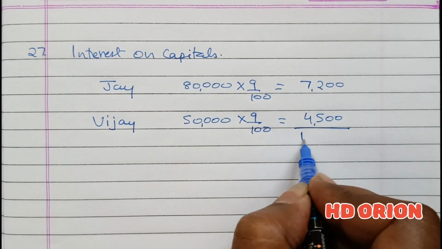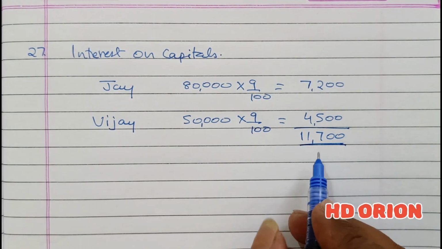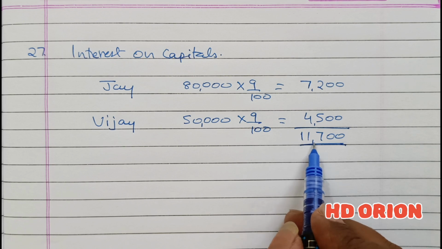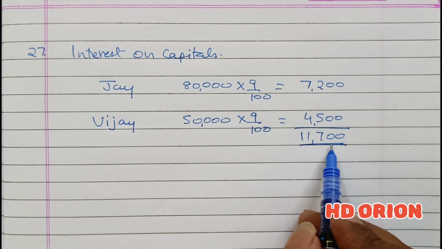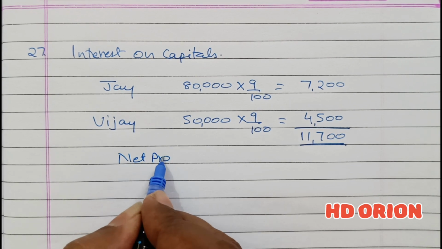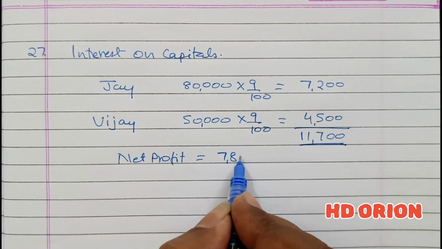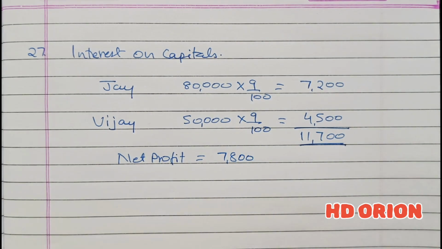So out of the total net profit of the firm, we have to allow 11,700 as interest on capital. But net profit is how much? Net profit is only rupees 7,800, which is not enough to meet the interest on capital.